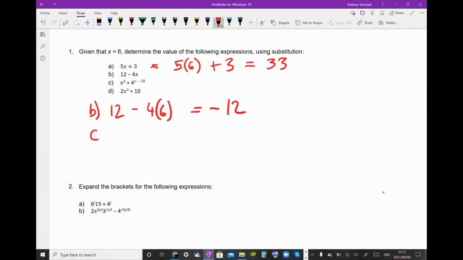Then for C, what do we have? We have x, or in other words, 6 to the power 2 plus 4 to the power 6 minus 20 is equal to what?